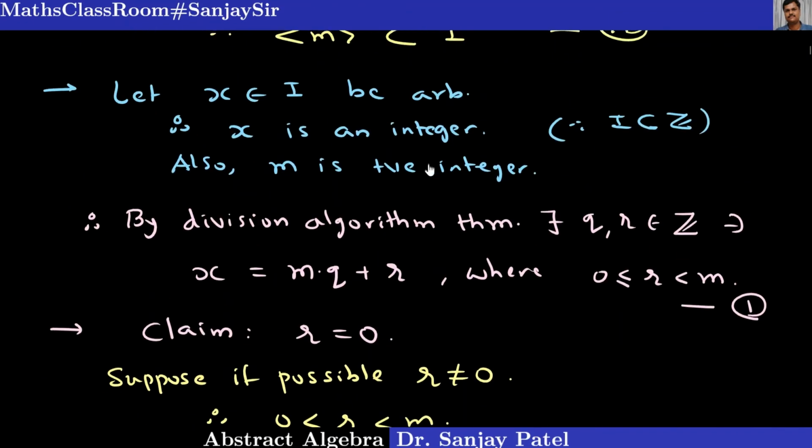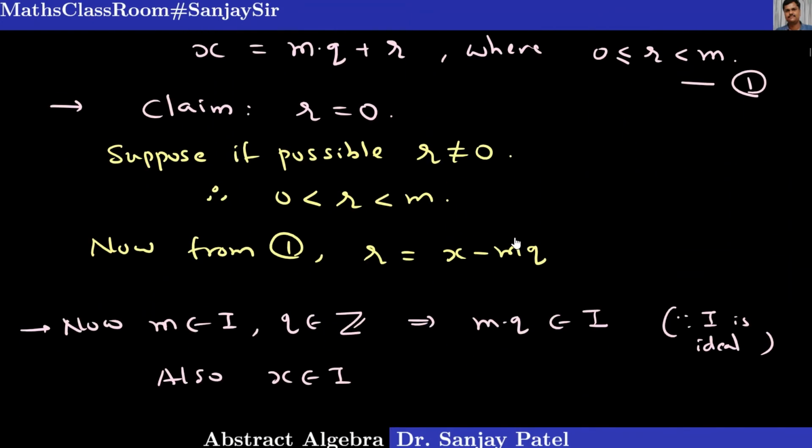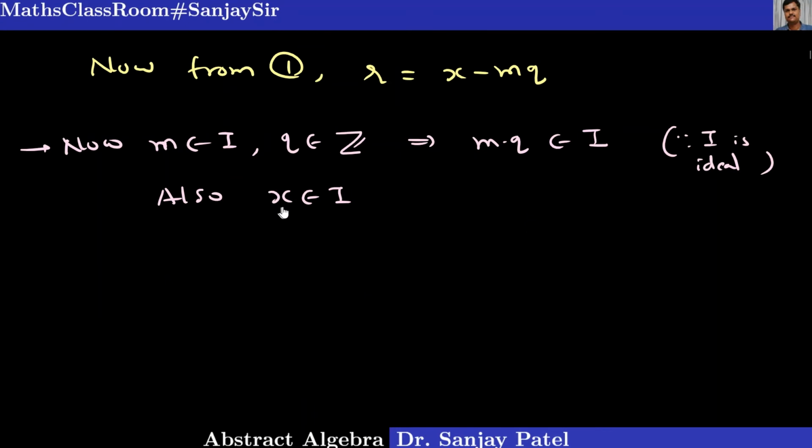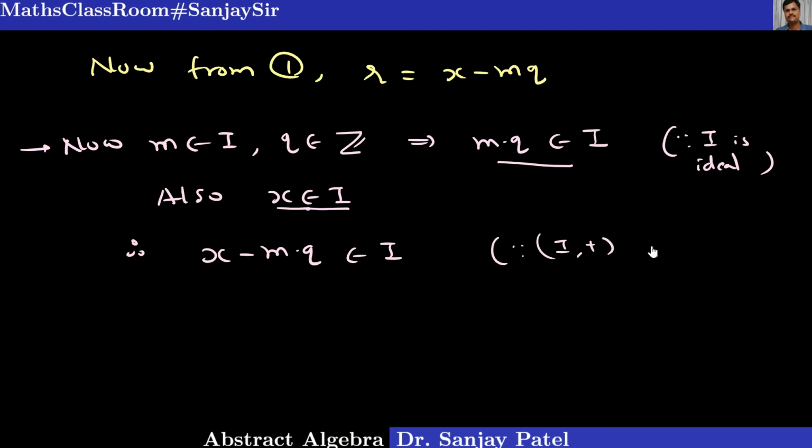This x is an arbitrary element of I. So now we have two elements in I. One is this x and the other is this m into q. Therefore x minus m into q belongs to I, because I is an ideal, therefore I is a subgroup of R plus, or I is a group with respect to addition. And this implies that r belongs to I, because x minus mq is nothing but r.